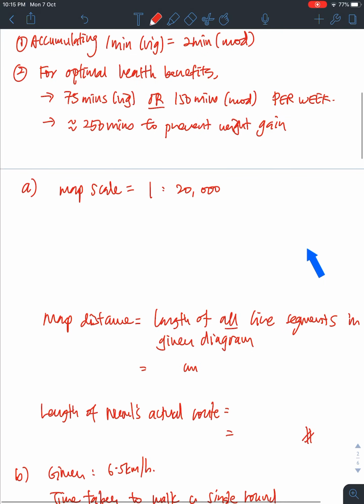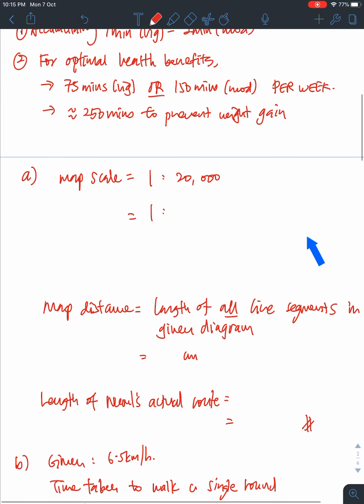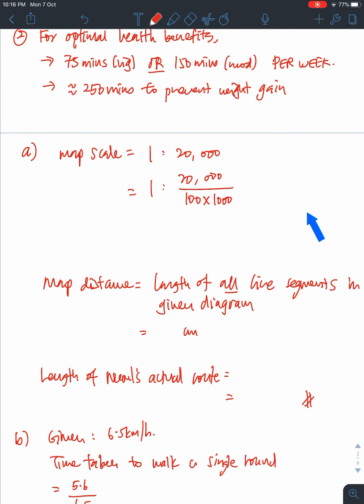First of all, let's convert 20,000 cm to km. In order to do that, I divide by 100 to convert it to meters, followed by another 1,000 to convert it to kilometers. That would give us 1:0.2 km.